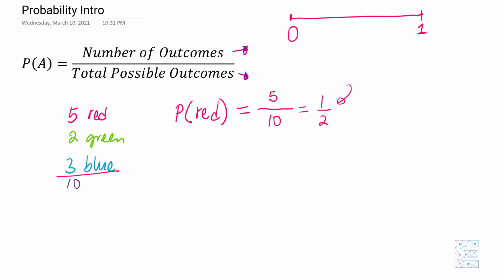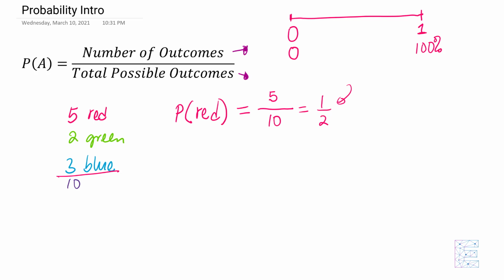You could even write it as a decimal, or you could even write it as a percent. So the numbers are going to be from 0 to 1, or as a percent, it's going to be from 0% to 100%. You probably have heard someone on the local weather channel saying that there's a 40% chance of rain. That's because they've calculated the probability and seen that there's 0.4 chance of rain.